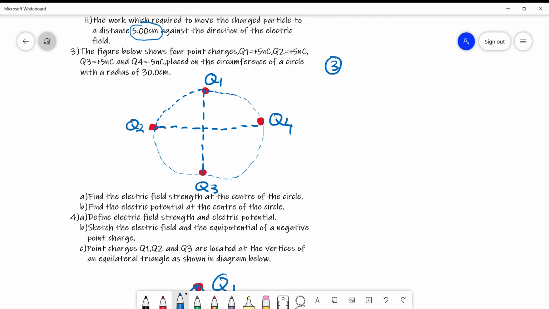Before finding the magnitude of the electric field strength, we need to determine its direction. The field strength exerted by Q2 is this way, since it is a positive charge.